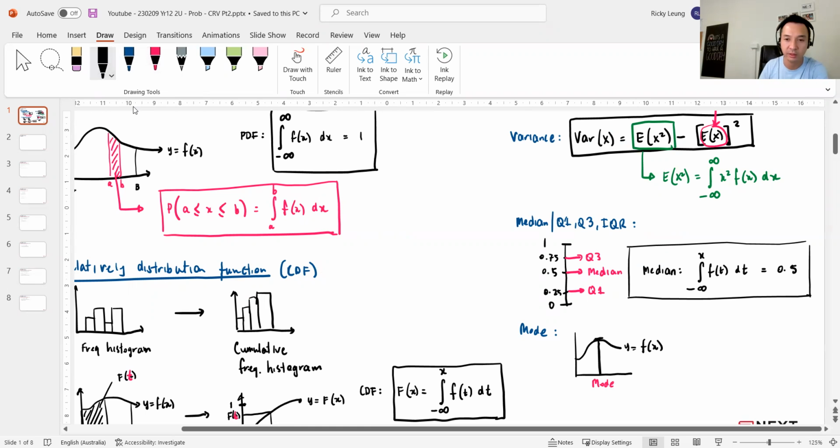So to find the mode, it's all about stationary points. There's no formula per se, but we basically find the maximum stationary point, and generally speaking we use calculus to do it: find the derivative, set it to 0 and solve.